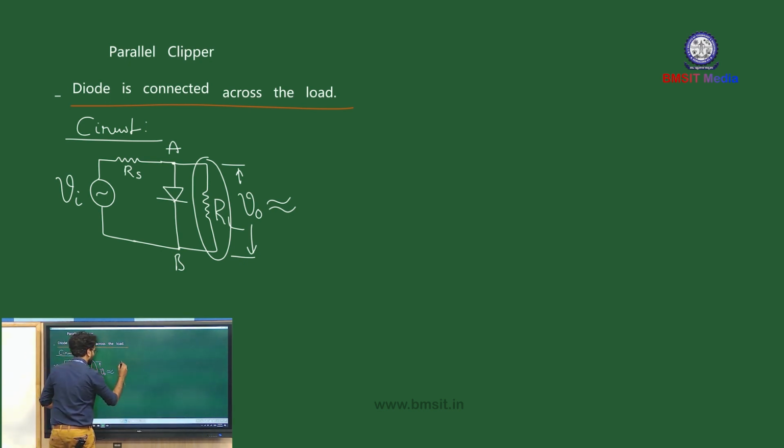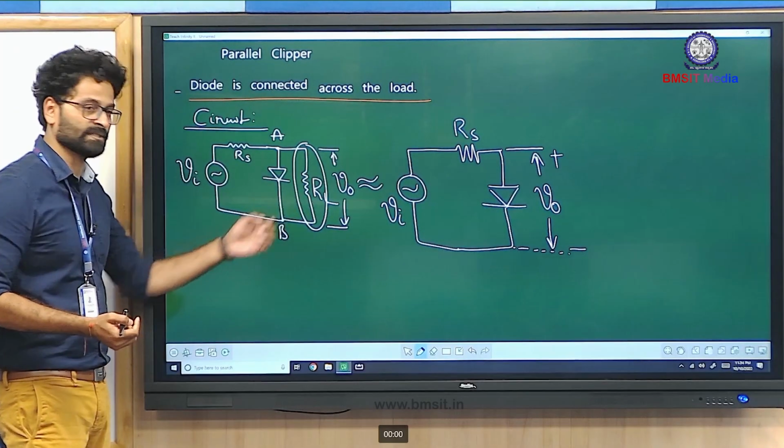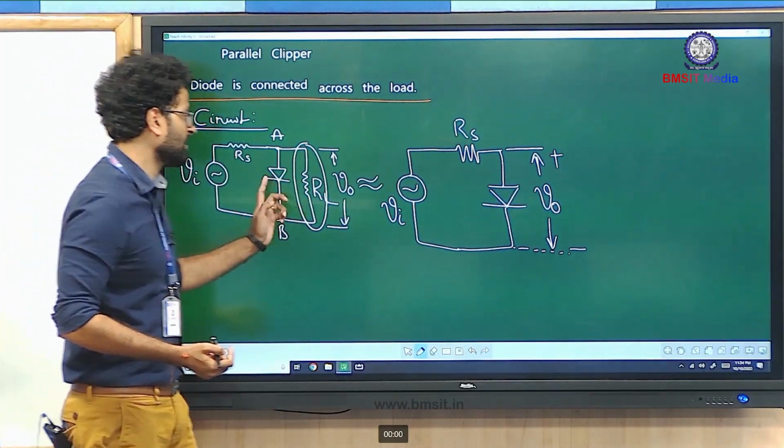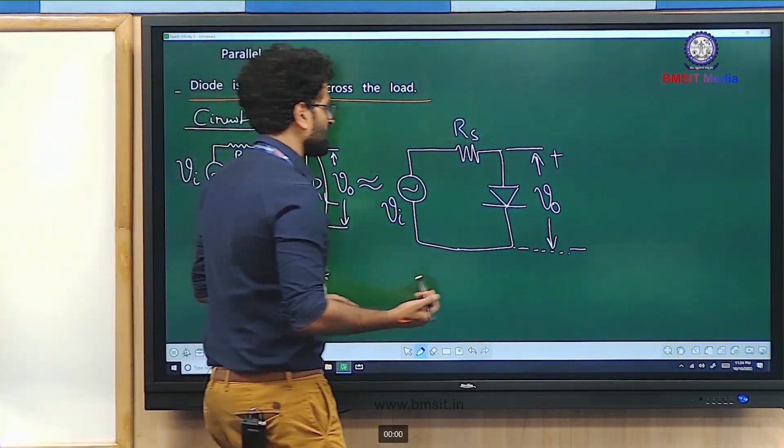So the simplified circuit looks something like this. A current limiting resistor, and this is your diode, and across the diode what are we measuring? The output voltage. We have just removed the load resistor RL, because right across RL the voltage V0 is measured, just for simplification purposes.